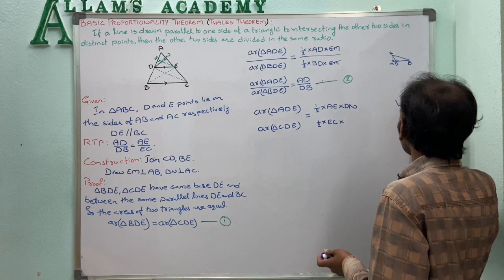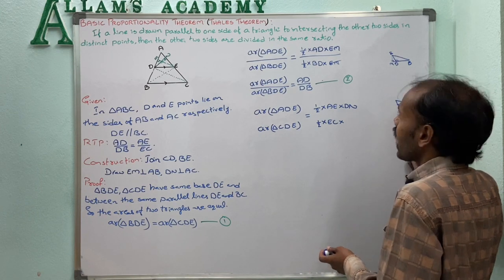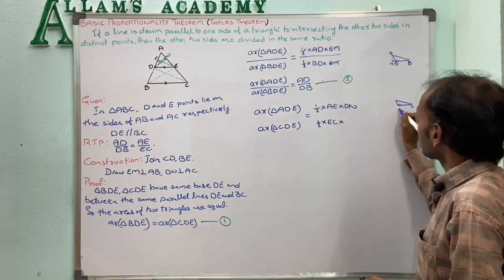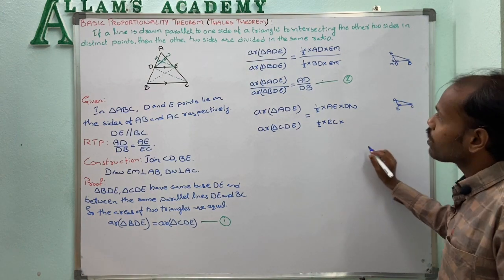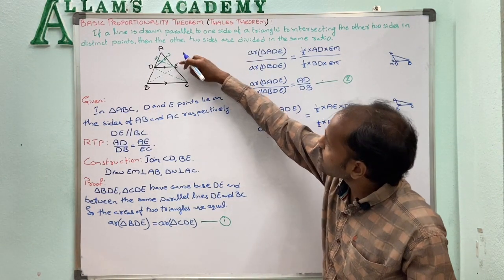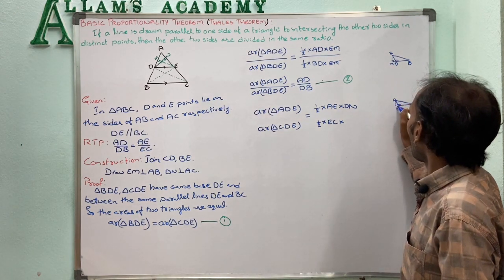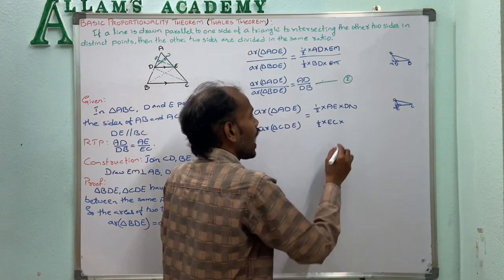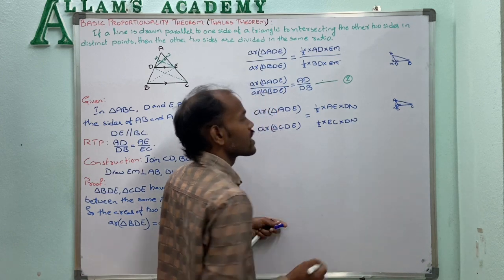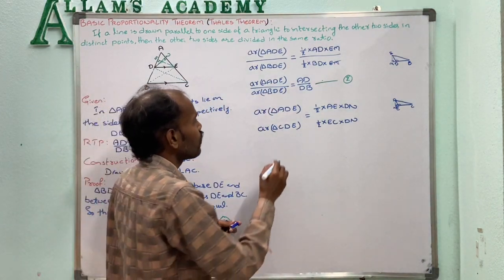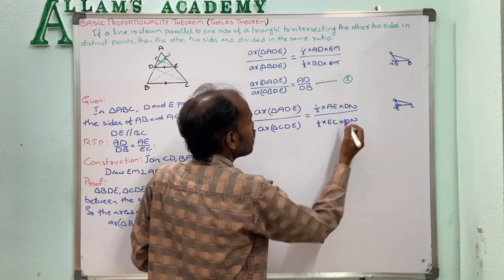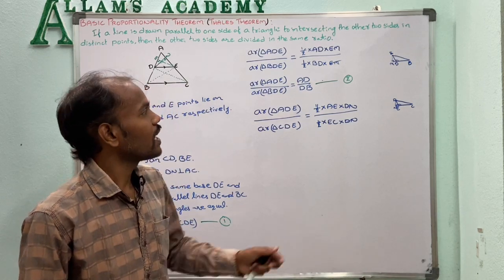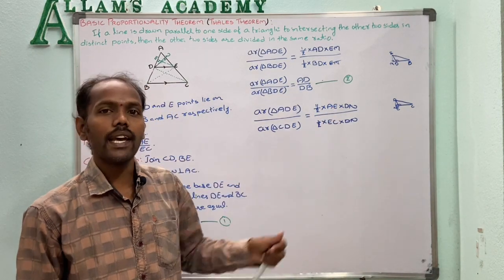This triangle is also an obtuse angled triangle. If we extend it, we can draw the altitude at N. So the height of triangle CDE is DN. Dividing these two areas, the half cancels and DN cancels. We are left with AE by EC.